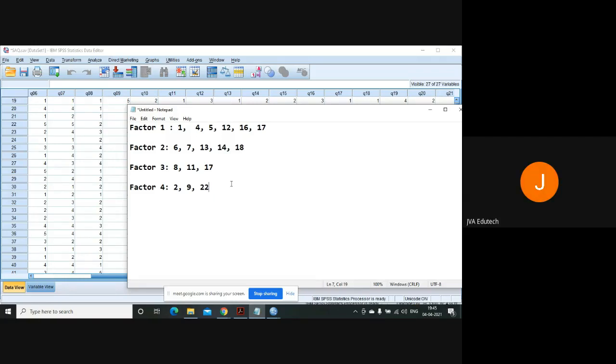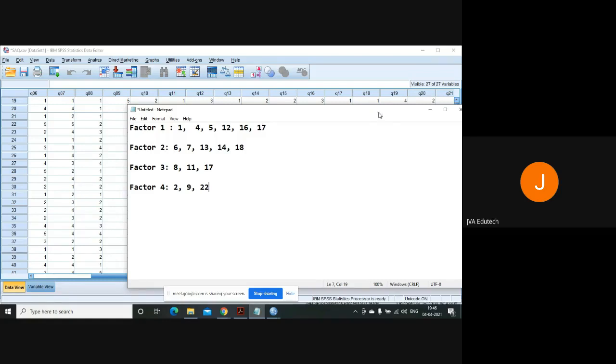We started with 23 statements that we made on our own. We did not know which statement is measuring which dimension. Second problem, third problem: which of them is usable. So finally, when we did factor analysis, we found that only these 17 statements are usable, and that too, they are measuring one particular dimension.